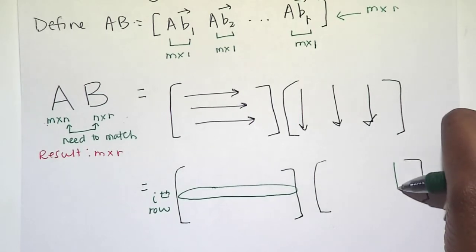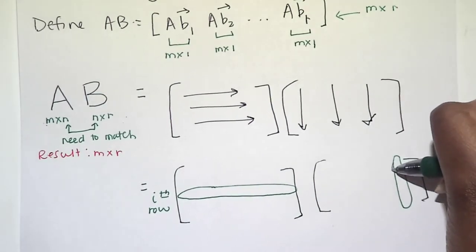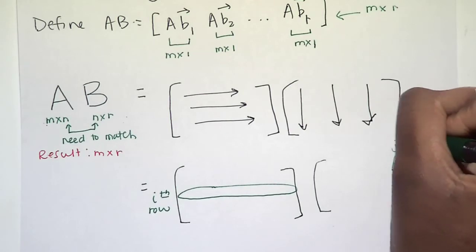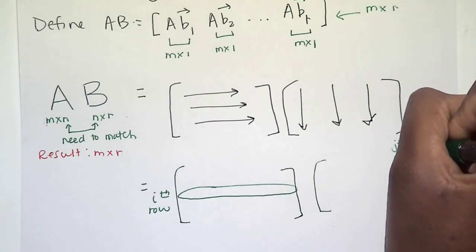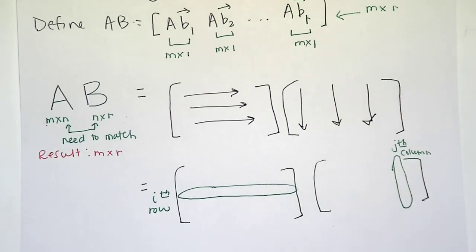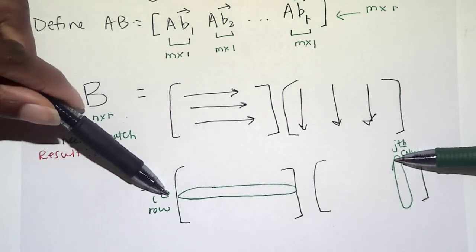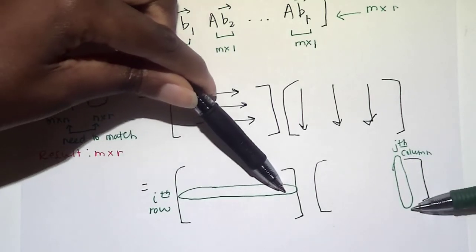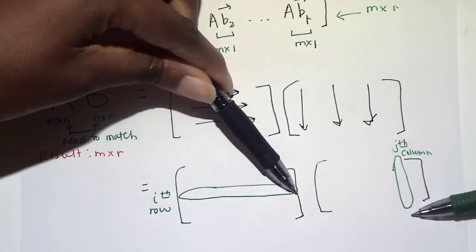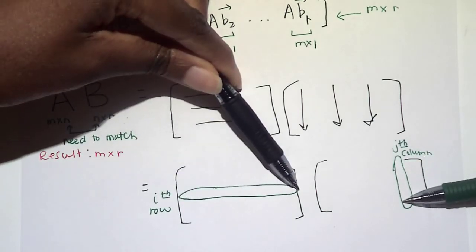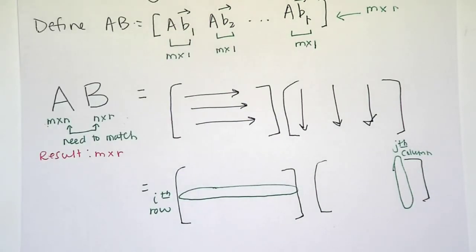And then maybe we have a column in the second matrix. We're going to call it the jth column. As we multiply, we're going to do this motion of going across one and down the other, and they are going to overlap at some particular place.